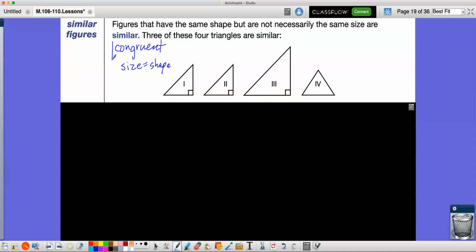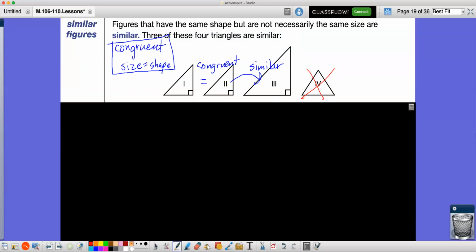So congruent was what we learned about before. They're both equal. These two would be congruent. But going from this one to this one is now considered similar. This one, however, doesn't fit the bill. This triangle number 4 does not fit either congruent or similar.